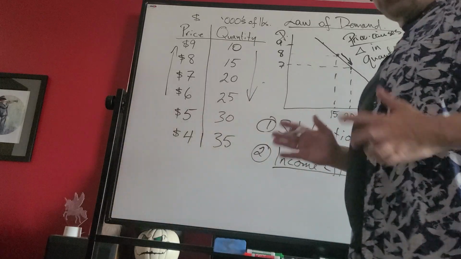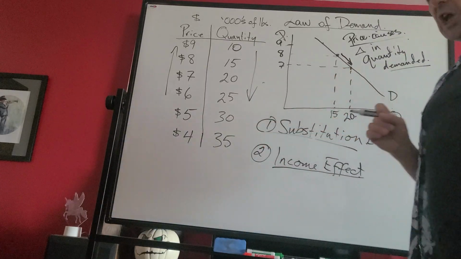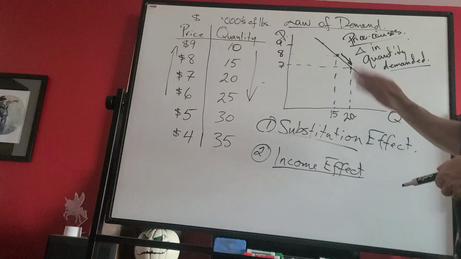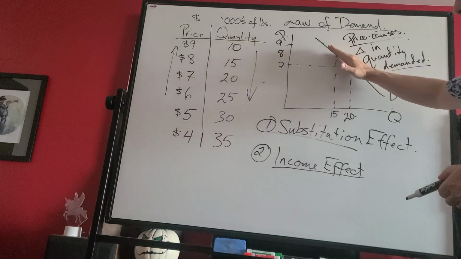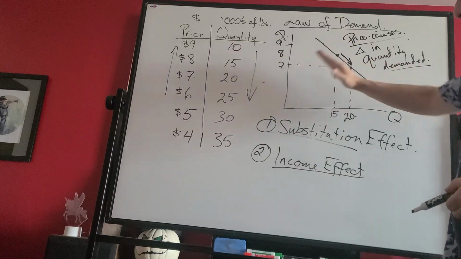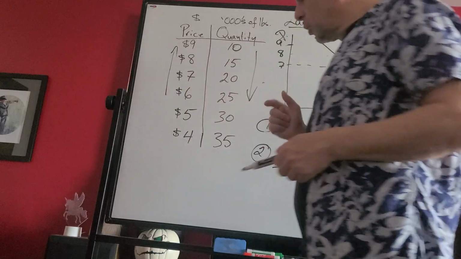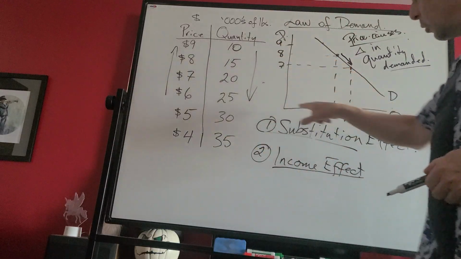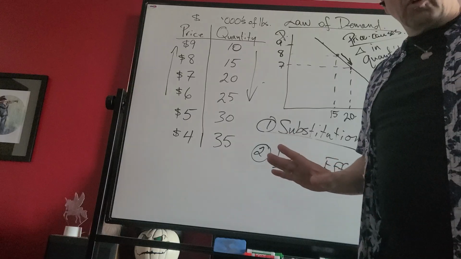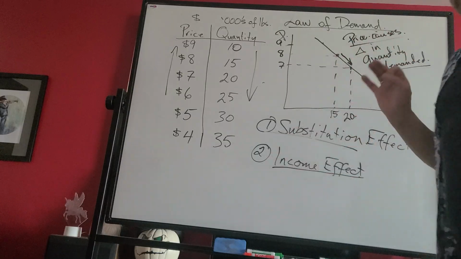Now, if we want to switch gears and talk about a change in demand, like why is this curve here as opposed to over here? Or why is it here as opposed to over here? We're assuming in here that everything else remains equal. But what if other things change?